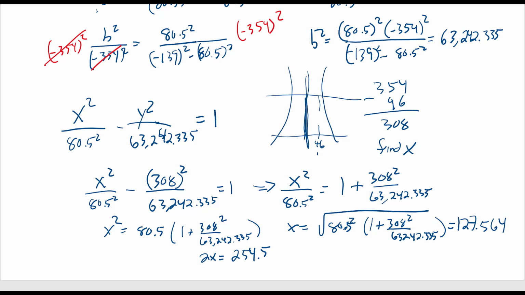Sorry, this was 127.282, correcting my notes. So 2x is going to be 254.564. And that is the width at 46 feet. Okay, hope that helps. Let me know if you have questions.